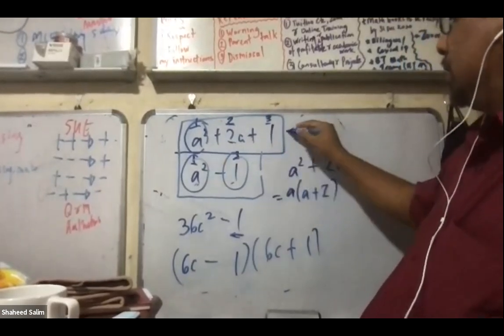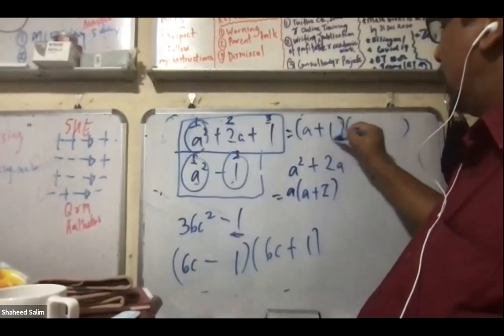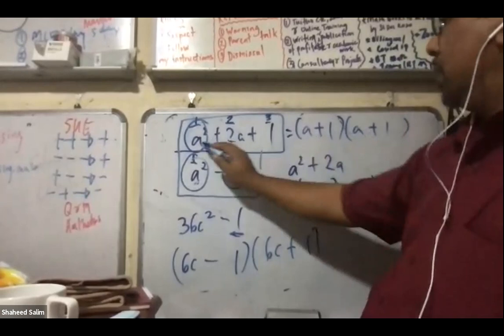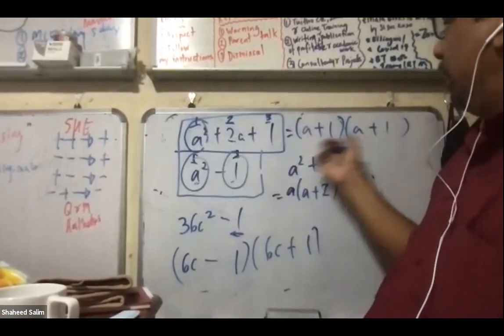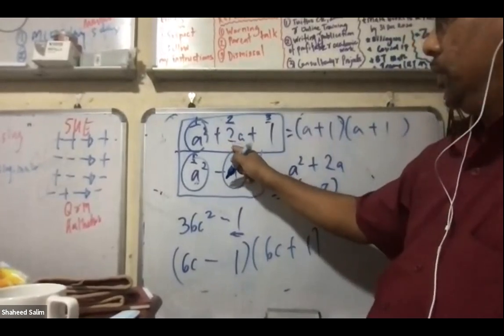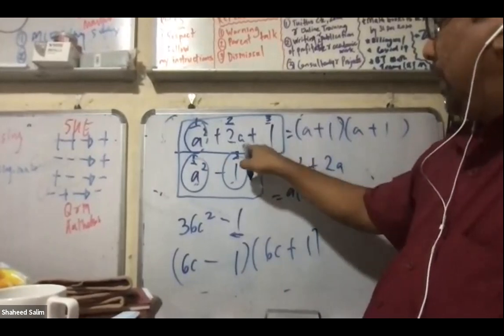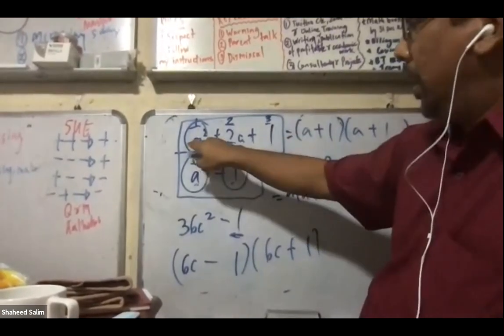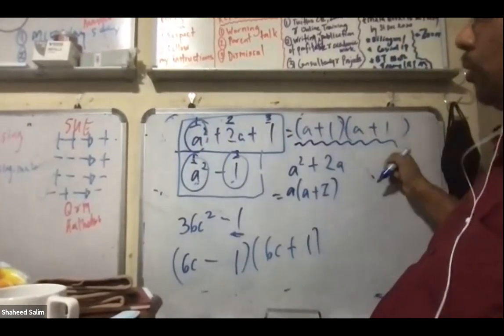When you expand a plus 1, a plus 1, you times a times a squared, then a plus 1. When you simplify, you get 2a. You have the first term a squared, the second term with the 2a combination, and the last one, 1 times 1, is the number only. When you have that, it can be factorized in this form.